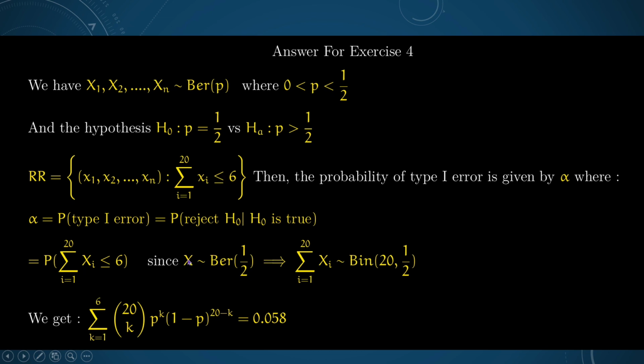Since we know that h is a random variable with a Bernoulli distribution that has parameter p, and p is equal to 1/2, the summation from 1 to 20 of h_i is similar to a binomial distribution with parameters 20 and one half.